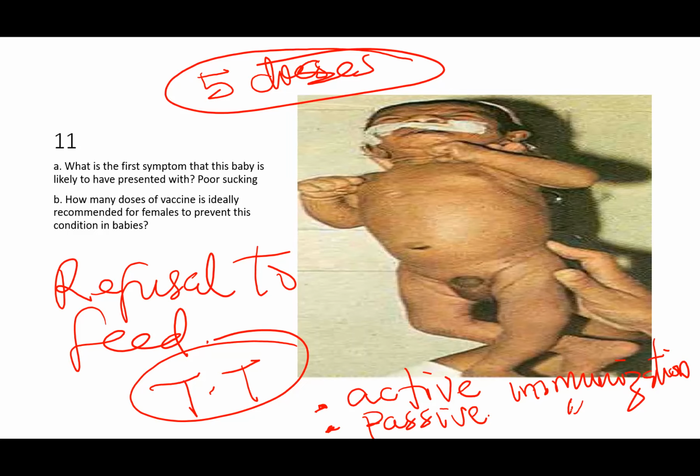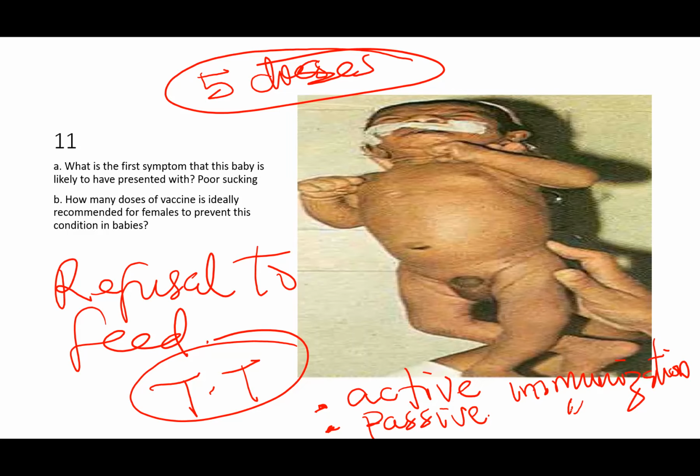So what is the difference between active and passive immunization? Active immunization is stimulating the host to produce antibodies. You give a toxoid or an antigen, it stimulates the host cells to produce its own antibodies. That is active immunization, and it is more long-lasting.